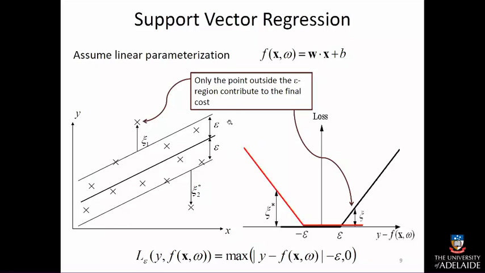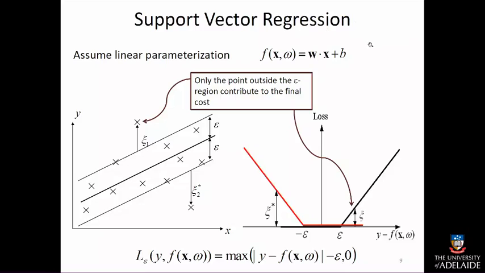So only the data points that are outside of the epsilon region contribute to the cost and incur loss. For the time being, let's assume we are learning a linear model.